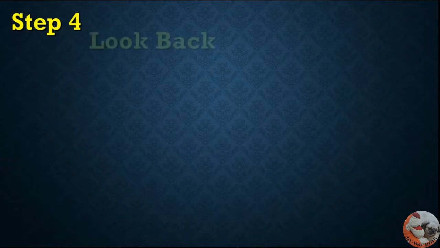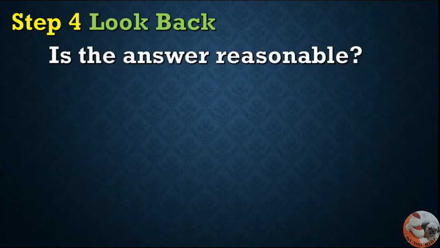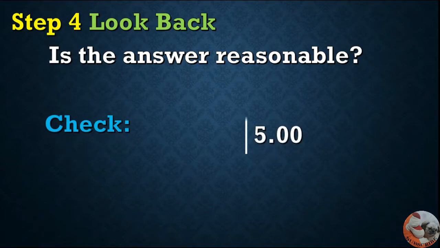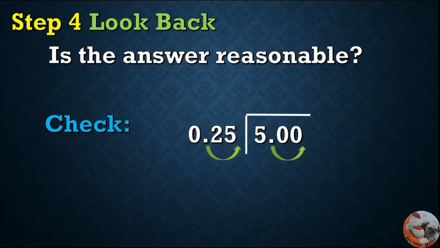Step 4. Look back. Is the answer reasonable? So you have to check. 5 pesos divided by 25 centavos or 0.25. So you will have to move the decimal point 2 places to the right, and also 5 pesos.